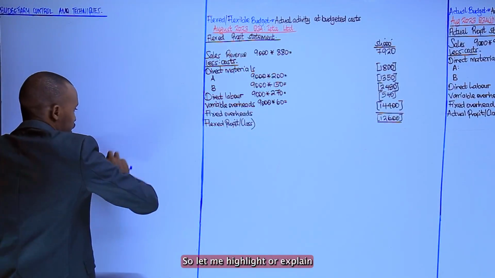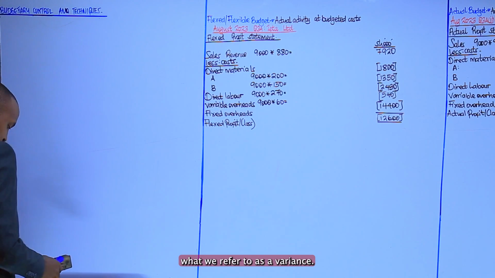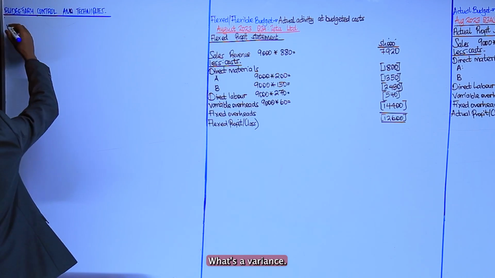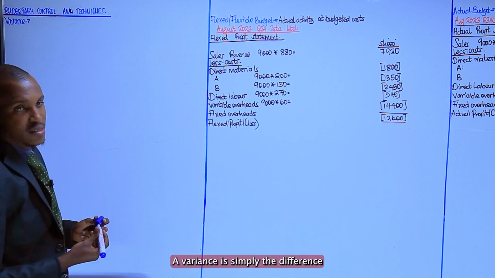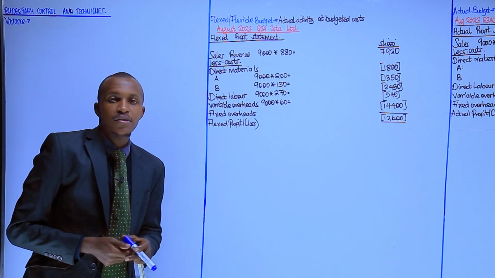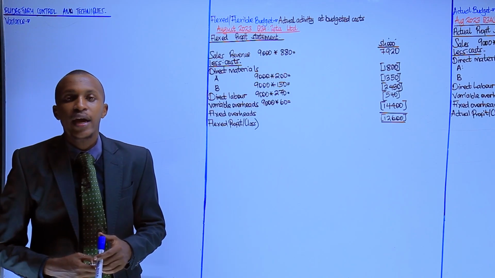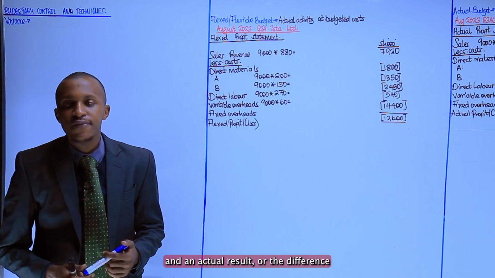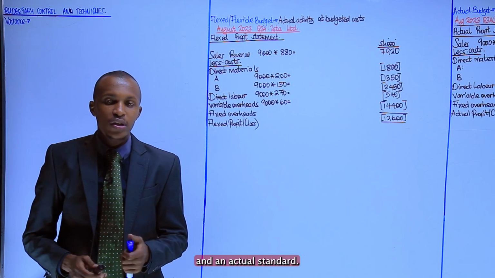Alright, so let me highlight or explain what we refer to as a variance. What's a variance? A variance is simply the difference between an expected result and an actual result, or the difference between an expected standard and an actual standard.